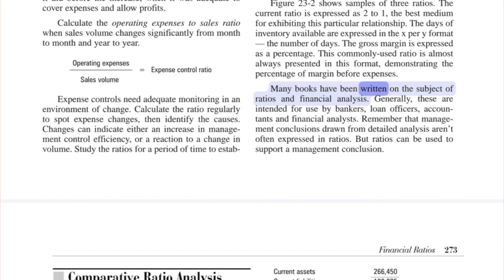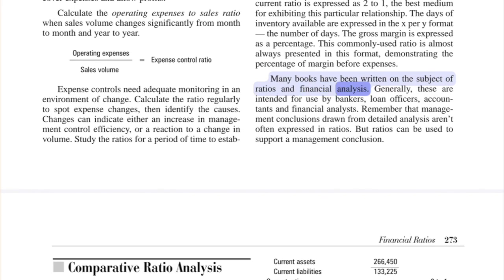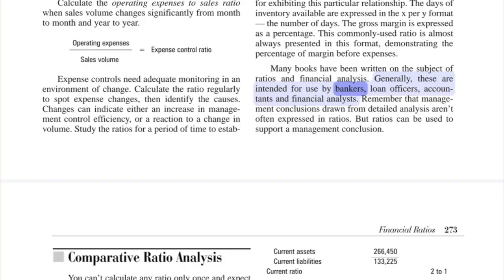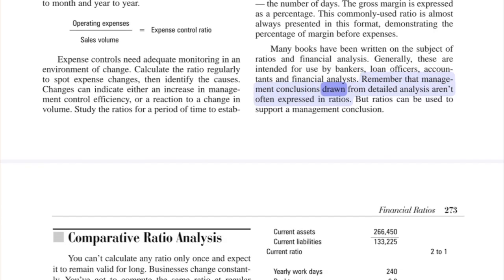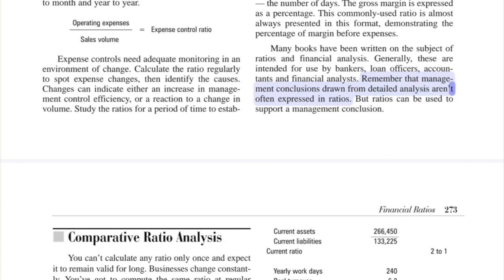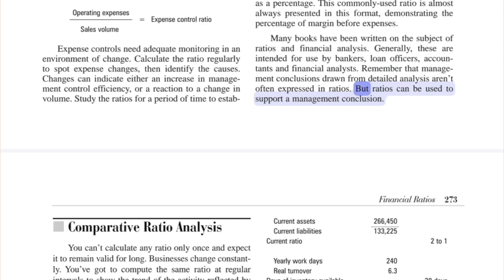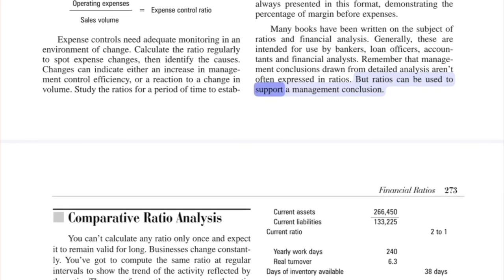Many books have been written on the subject of ratios and financial analysis. Generally, these are intended for use by bankers, loan officers, accountants, and financial analysts. Remember that management conclusions drawn from detailed analysis aren't often expressed in ratios, but ratios can be used to support a management conclusion.